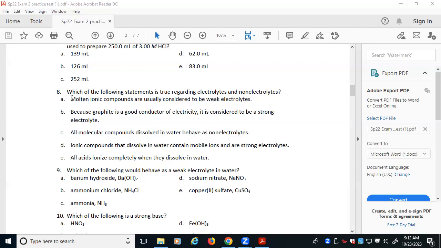So we didn't talk about molten compounds, but we could rationalize that if I had a molten compound, because now the solid is in the liquid phase, I have ions that are able to move now.